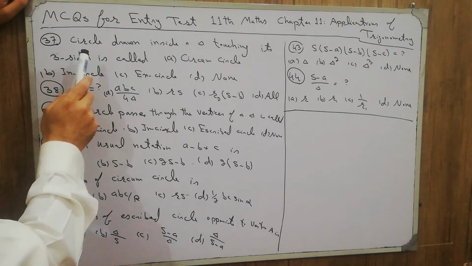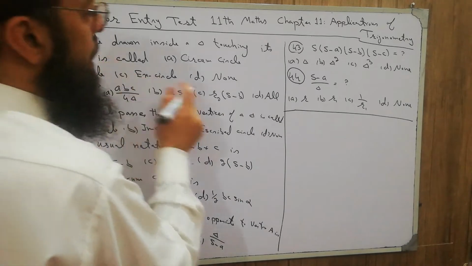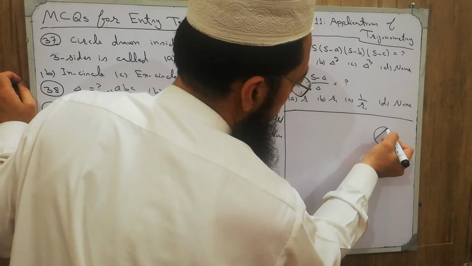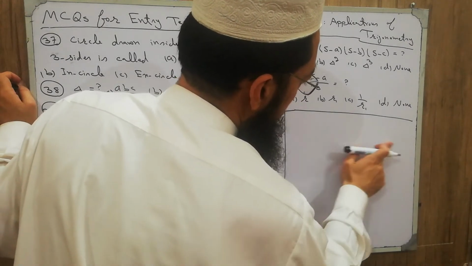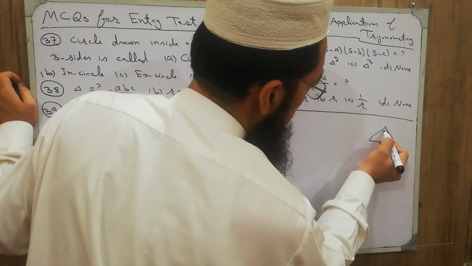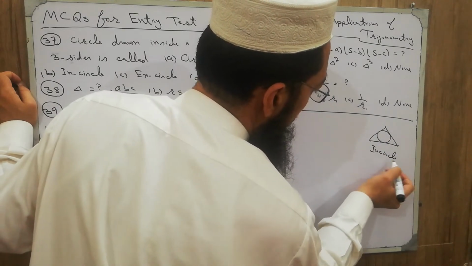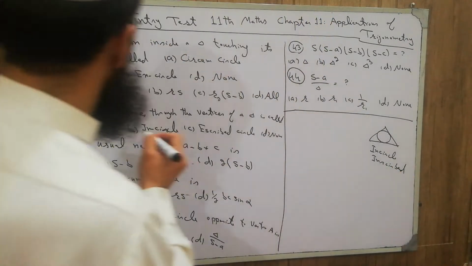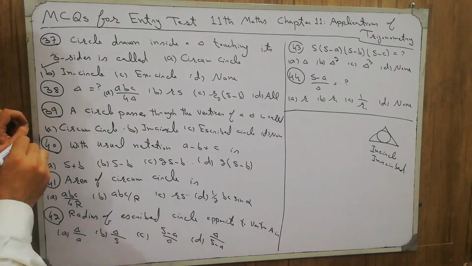A circle drawn inside a triangle touching its 3 sides is called the incircle, or inscribed circle. So the correct option is option B, incircle or inscribed circle.